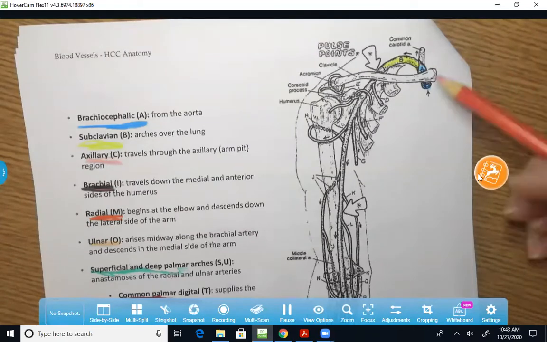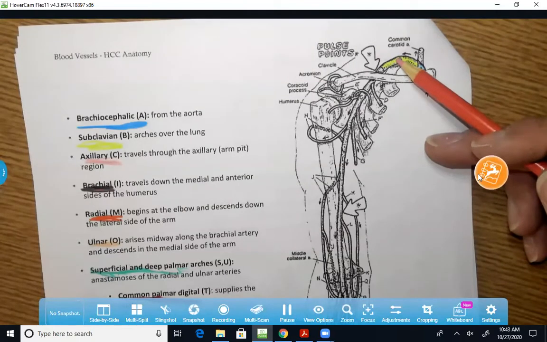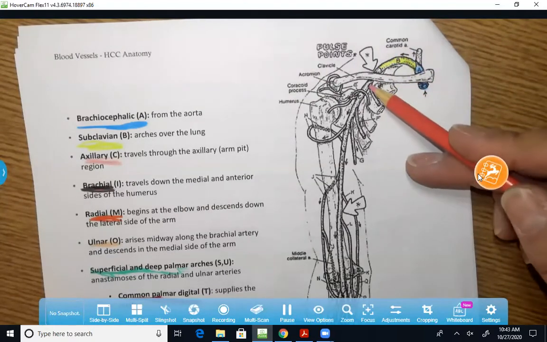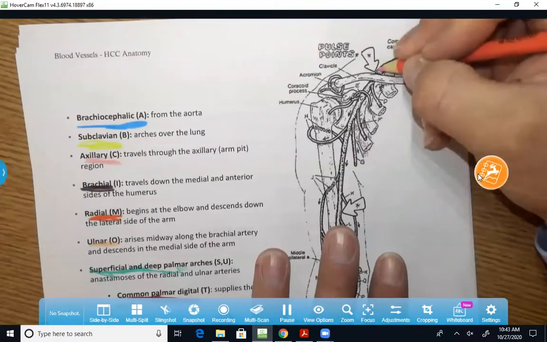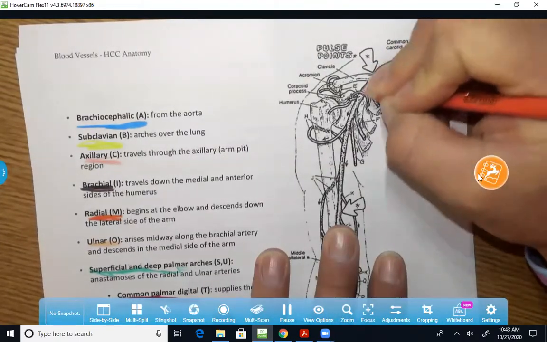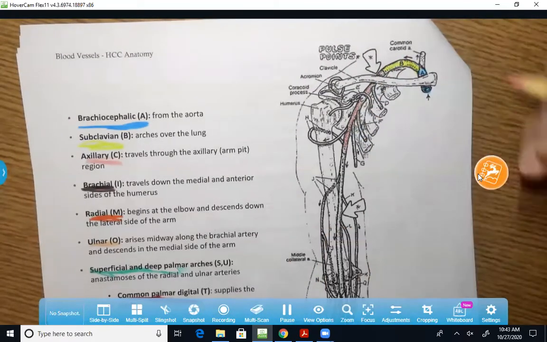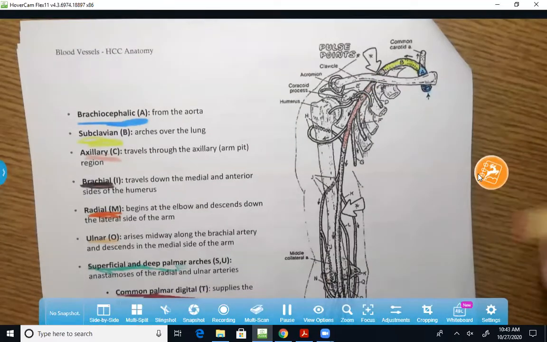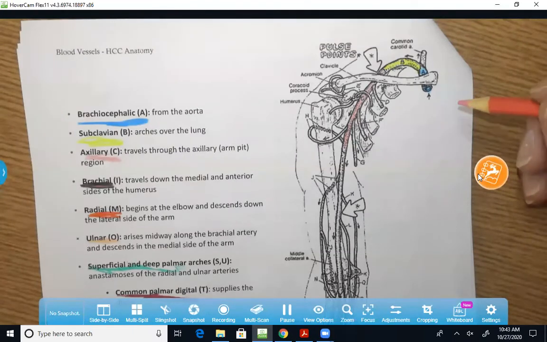Your subclavian in this area of our body is not any different than this vessel here, your axillary. You know, there's a line there to help figure out what blood vessel we're dealing with. But the actual vessel itself is still the same vessel. It just has a different name based on where it's located.